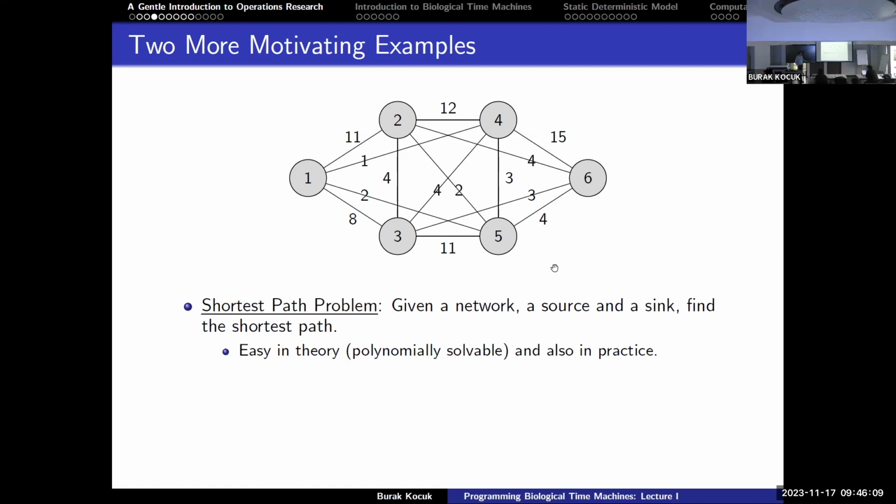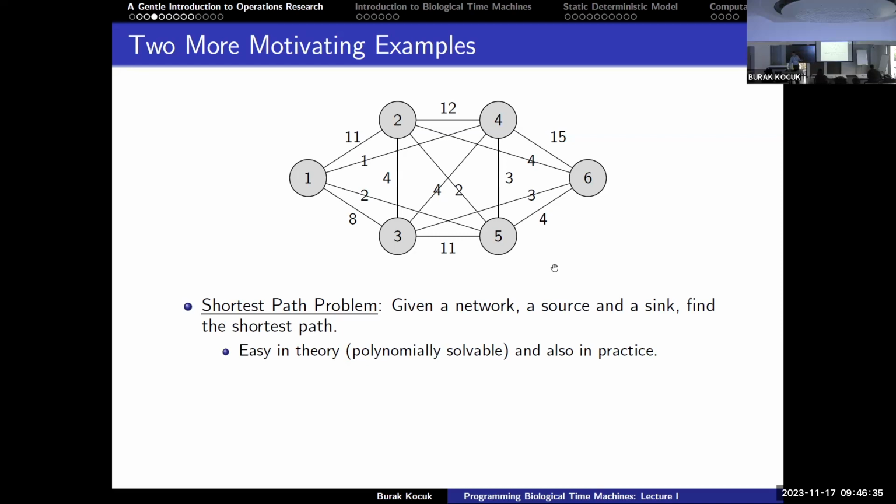It turns out that the shortest path problem is actually an easy problem. More formally, it's something called solvable. I will not explain what that means precisely, but think of it as: okay, this I can solve. One thing you should observe here is that there are really many ways to go from 1 to 6.